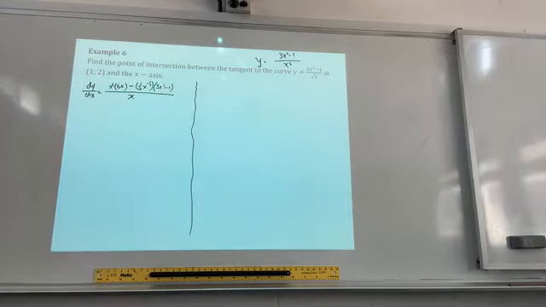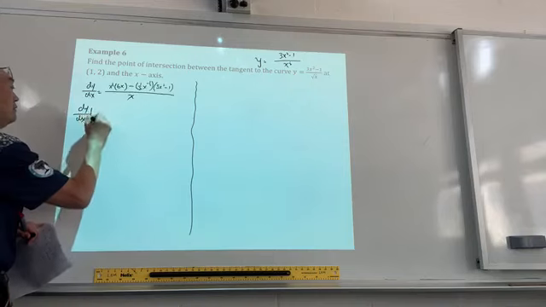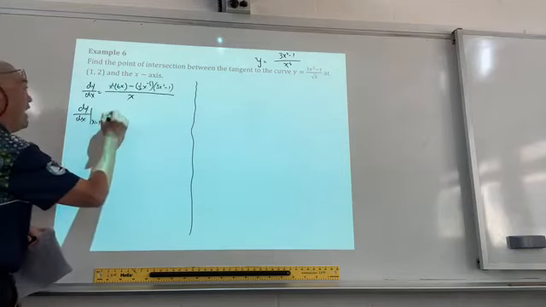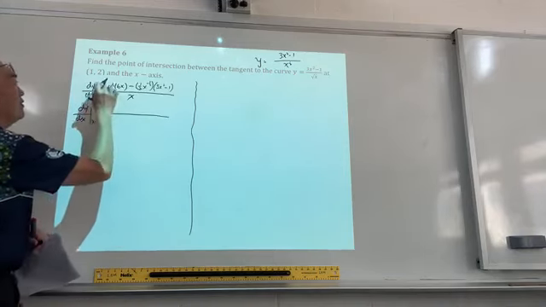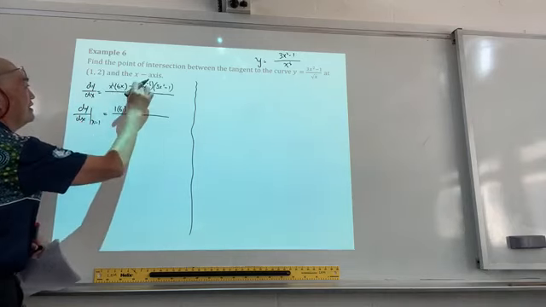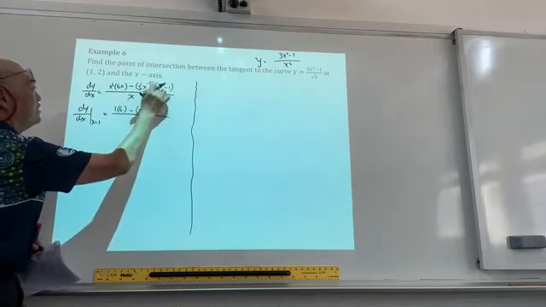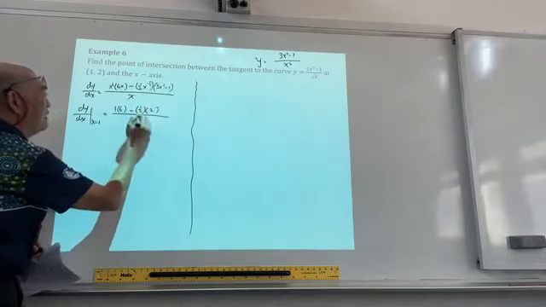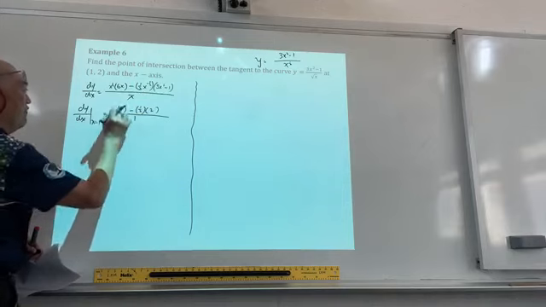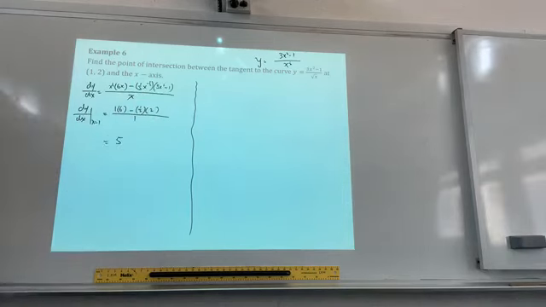Am I going to simplify that? No, absolutely not, because I'm going to substitute x equals 1 into the equation, and therefore I know that is 1 times 6 minus half times 3 minus 1, which is 2, divided by 1. So therefore, this is 6 minus 1, which is 5.